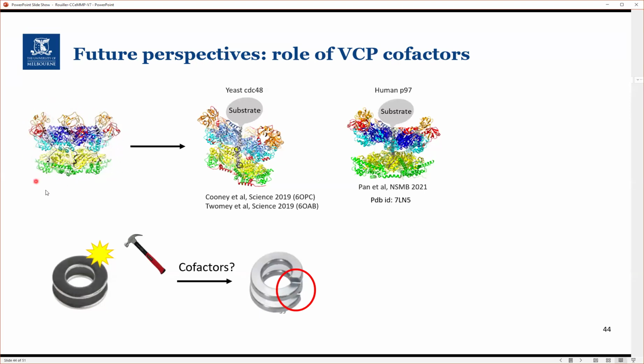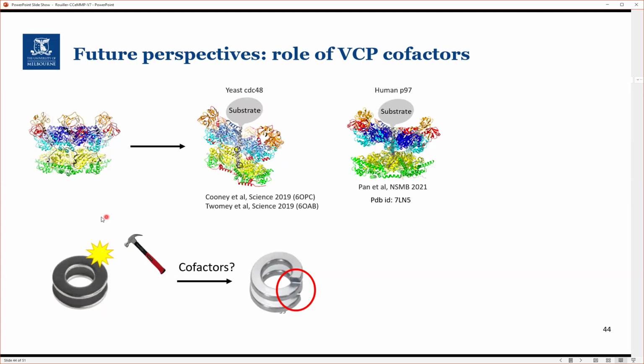Also, just to summarize a little bit, in the absence of substrate, VCP forms a very compact structure resembling two stacked rings on top of one another. But in the action of unfolding protein, the two stacked rings adopt a split washer, so they're broken, they separate from one another, and they're no longer forming rings, but a split washer.